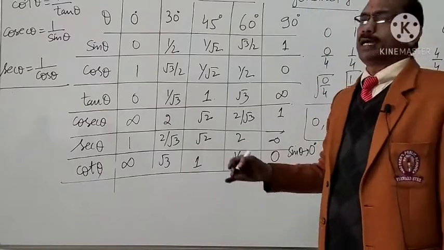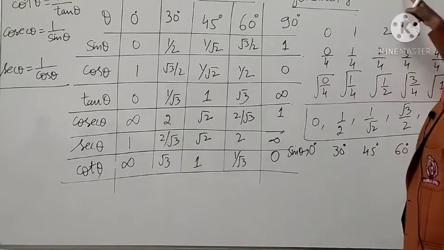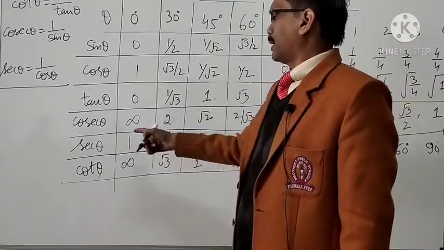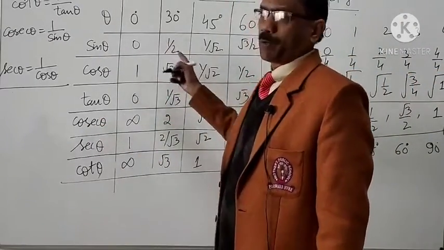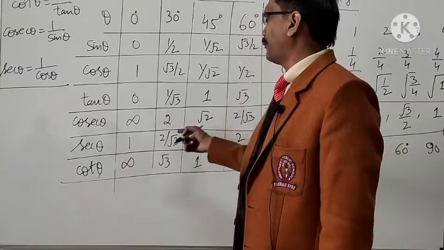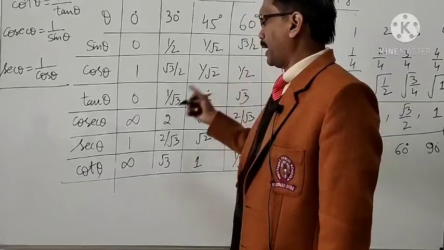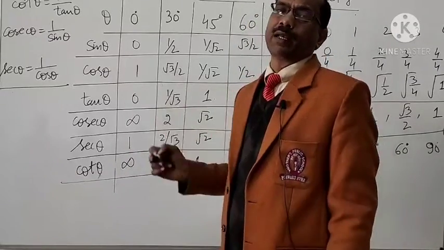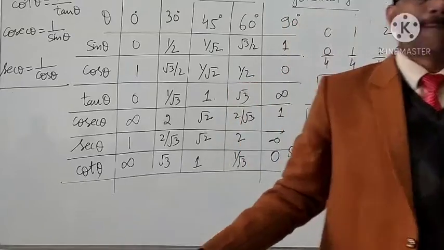Infinity is researched by Srinivas Ramanujan. Then cosec theta is the reciprocal of values of sin theta. Sec theta is the reciprocal of cos theta, and cot theta is the reciprocal of tan theta. This way we can learn the table.